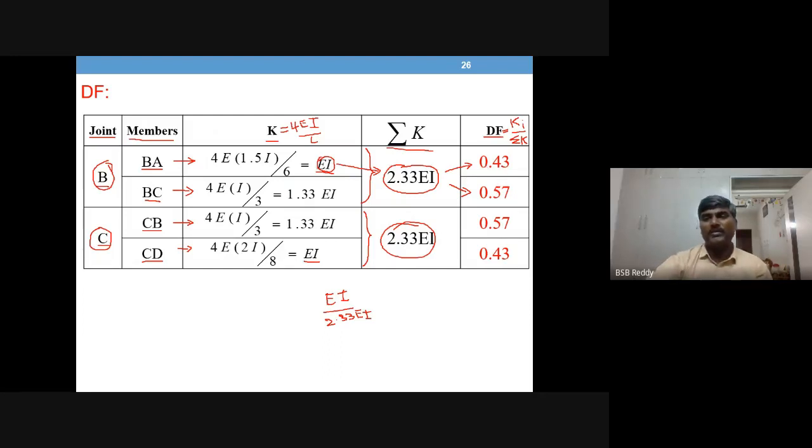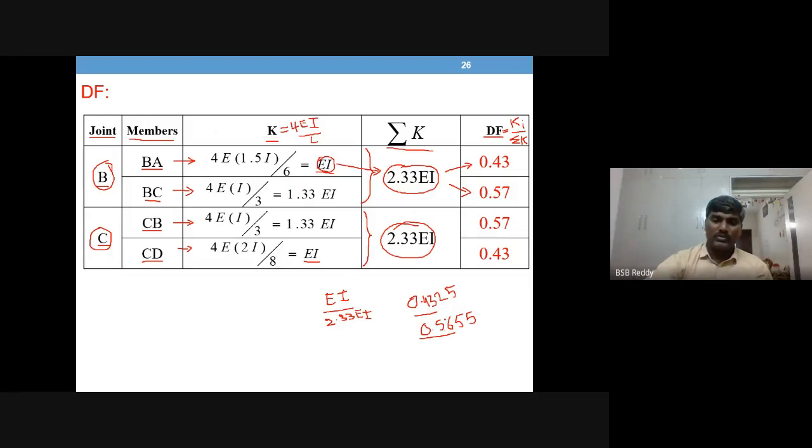Say for example, if one value is 0.432 we take it as 0.43, and if the other value is 0.5655, you can't take it as 0.56 because the total is not equal to 1.